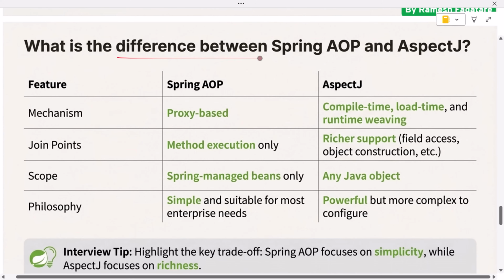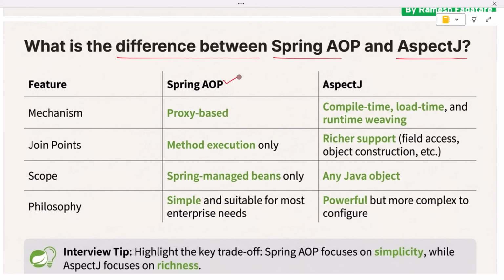Next, what is the difference between Spring AOP and AspectJ? Spring AOP provides proxy-based AOP that works only on method execution and only for Spring managed beans. It is simple and suitable for most enterprise applications. AspectJ is a full AOP framework that supports compile time, load time, and runtime weaving.